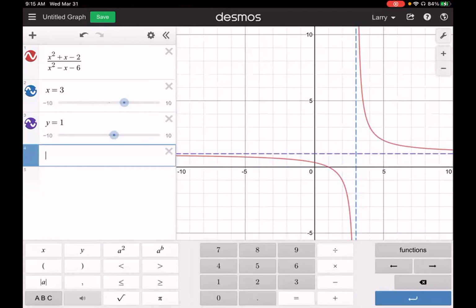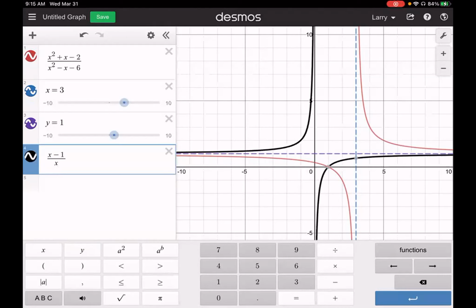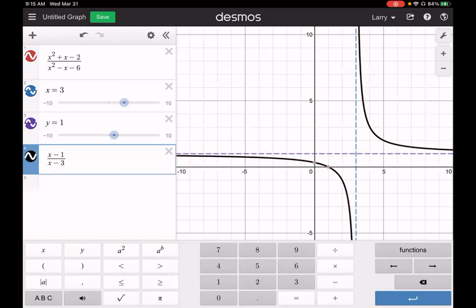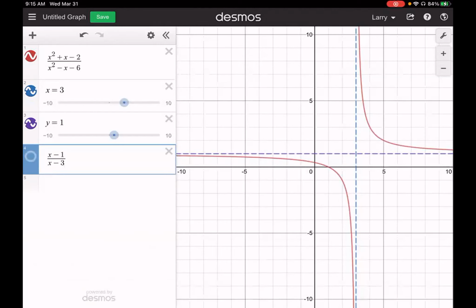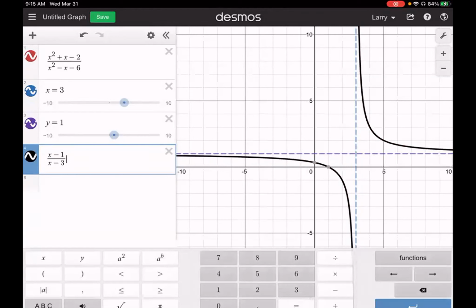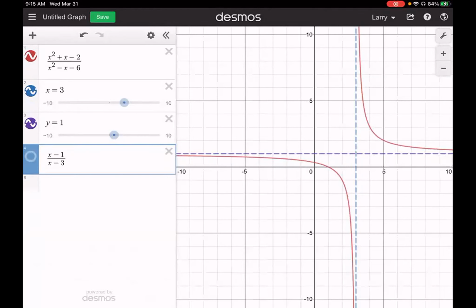If I type in, like I said, this is actually the same as when it reduced, that was x minus 1 over x minus 3. That black graph and that red graph are exactly the same. Well, almost exactly the same.